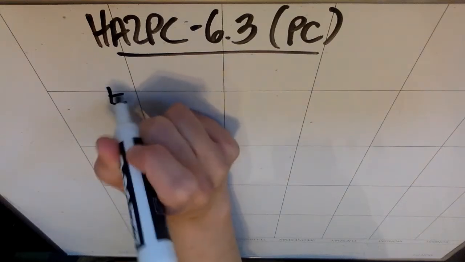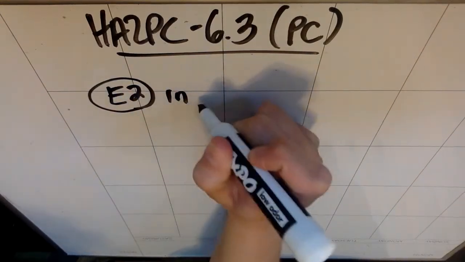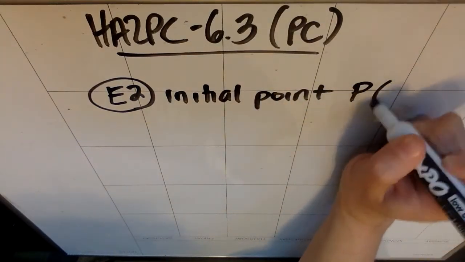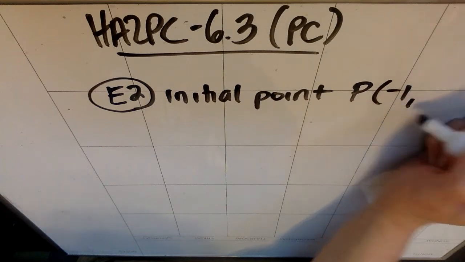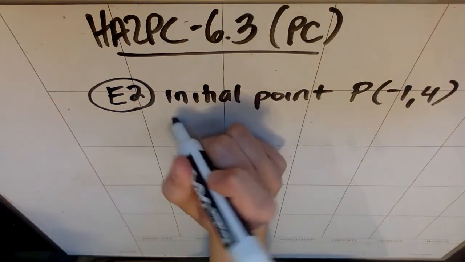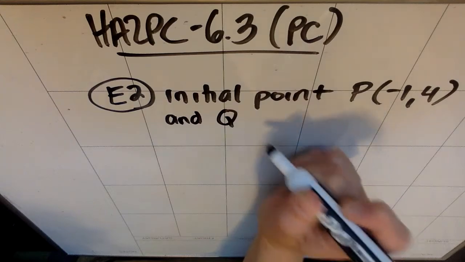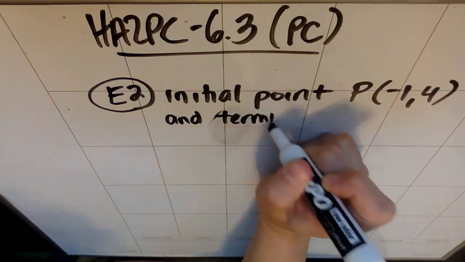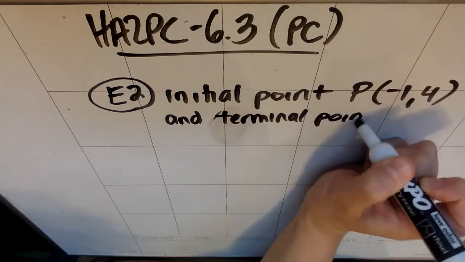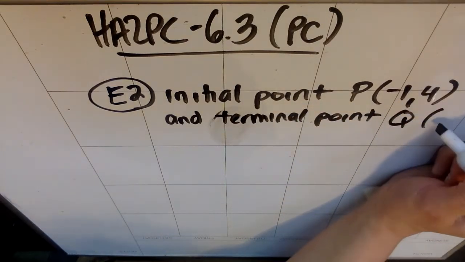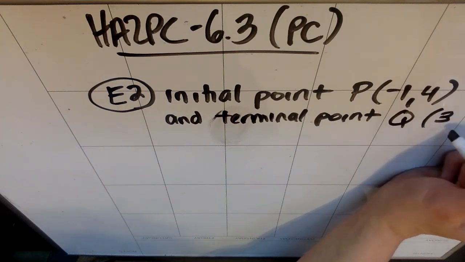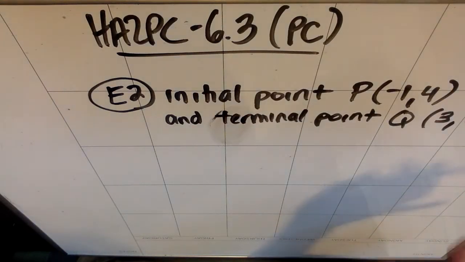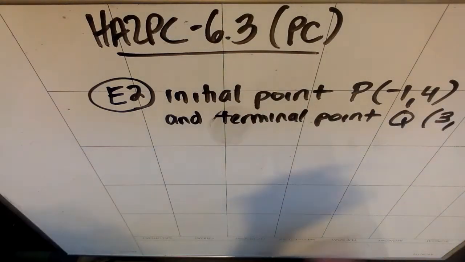So in example 2, we're going to give the initial point, let's do point P at the point -1, 4, cool, and we're going to say terminal point Q, and let's do Q at 3, comma 1.